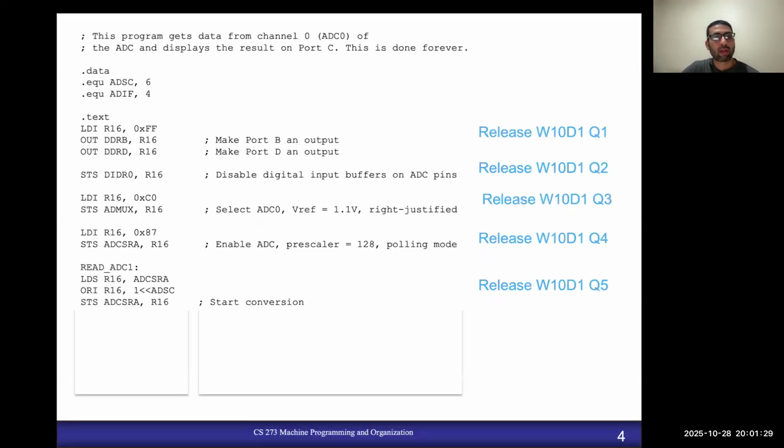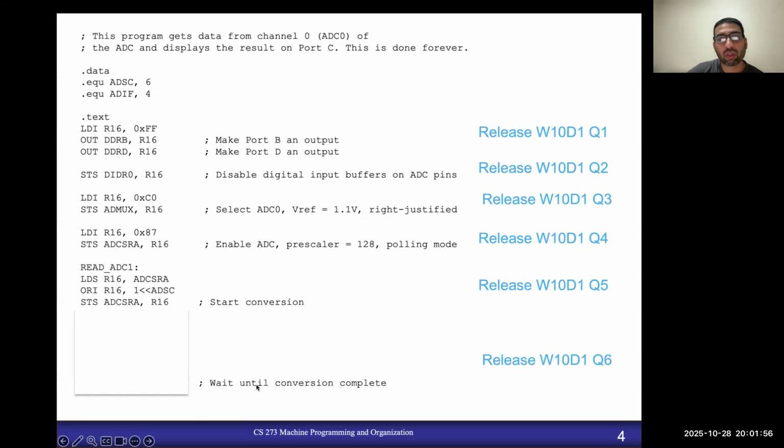Okay, so after starting conversion, remember what we need to do. After starting conversion in ADC, we need to monitor the ADC completion flag, the interrupt flag actually. So when does that flag become one? It becomes one when the conversion is completed, and otherwise it stays zero.